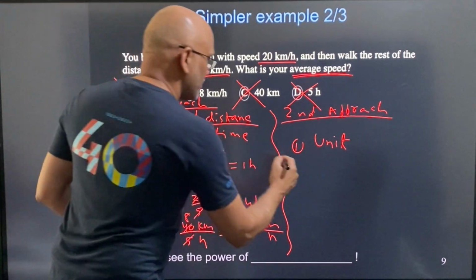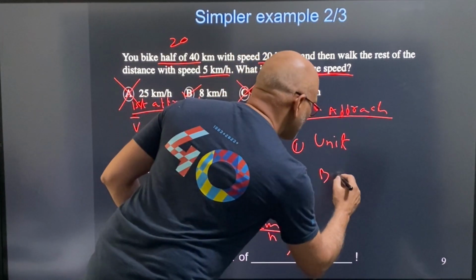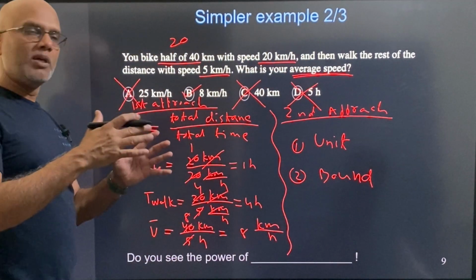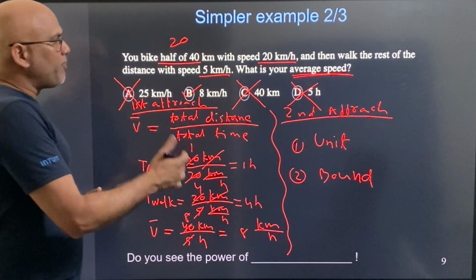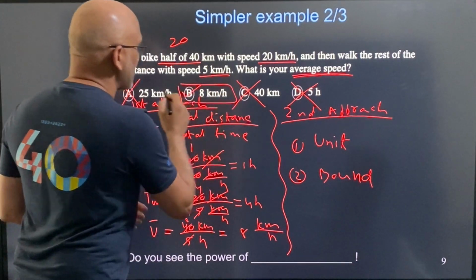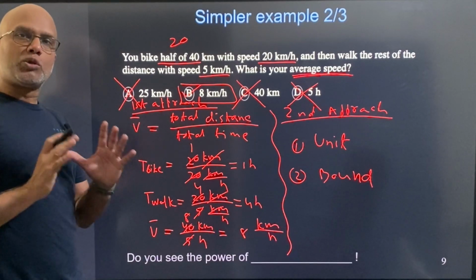So second, we are looking at what I call the bound. Where should the answer be, right? And using the bound, we realize that this is out of bound, then again we get the same answer, right? But take a moment to think about it.